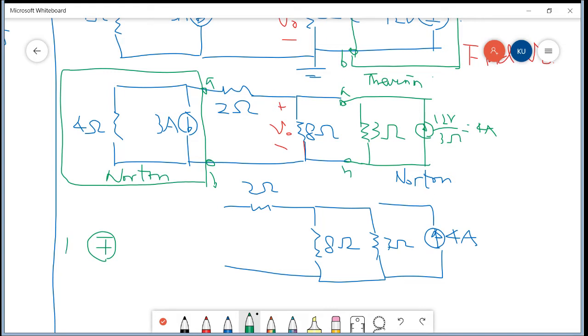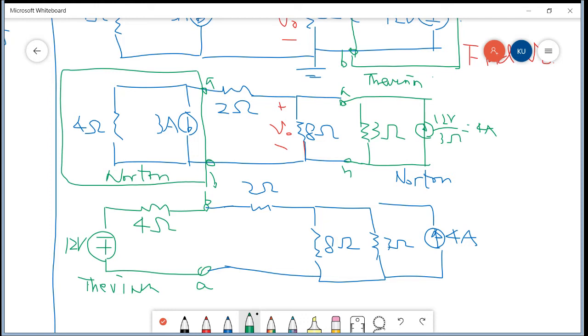So this is 3A times 4 ohm, which is 12 volt, in series with the 4 ohm resistor. So A and B, and then we connect them together. So this part becomes the Thevenin equivalent circuit.